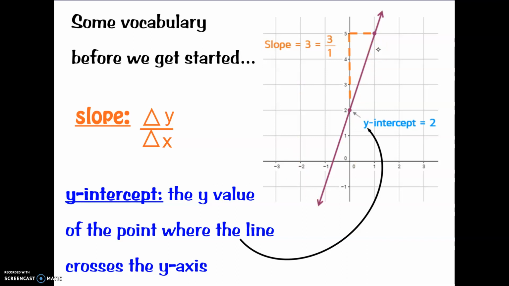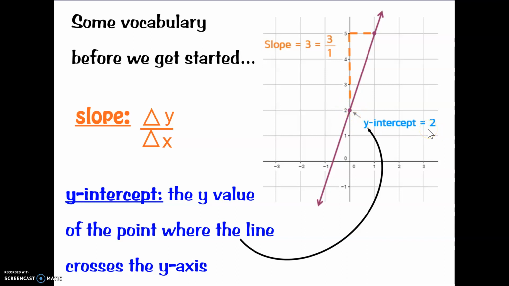The second thing, which is new, is called the y-intercept. Y-intercept is the value of y at the point where the line crosses the y-axis. So if you look at this diagram here, you'll notice that this is the point where the line crosses over the y-axis. And the y value at this point is 2.